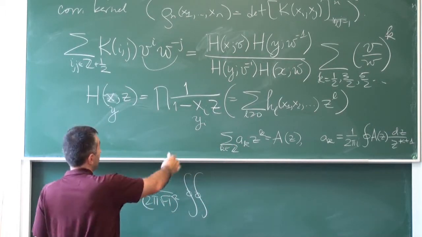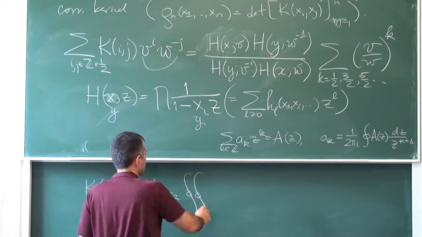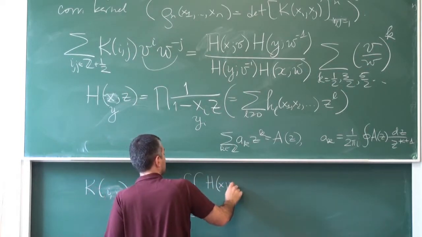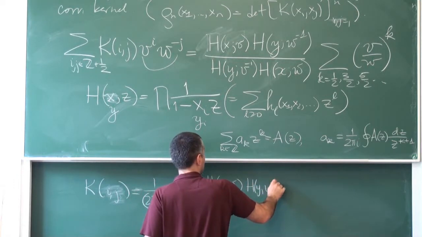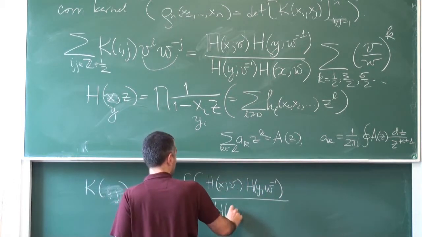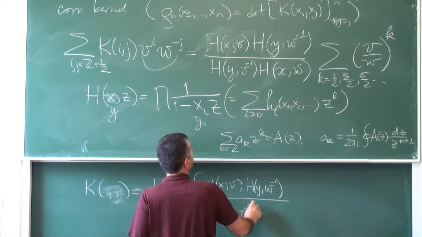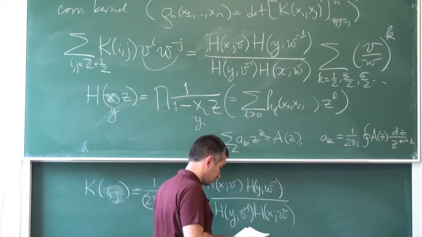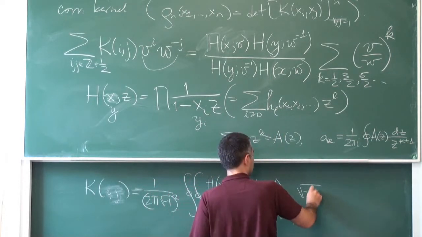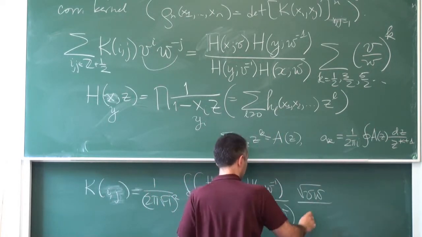And I'm doing that twice because I have two indices, and so then I get the same expression here. And then I'll just sum this geometric series, and that gives me this.